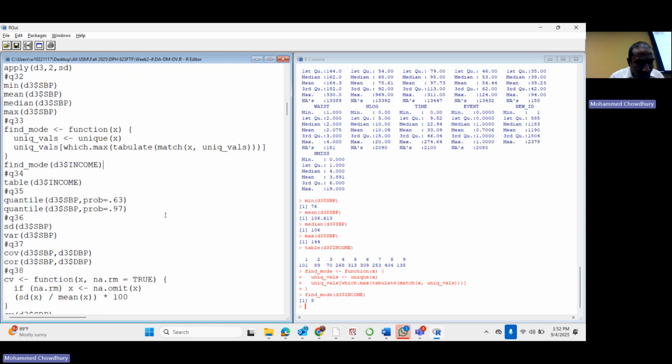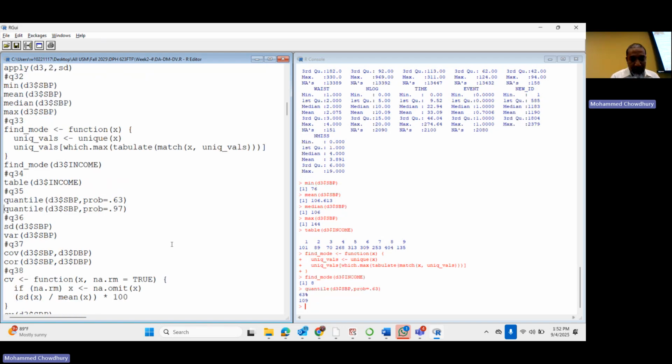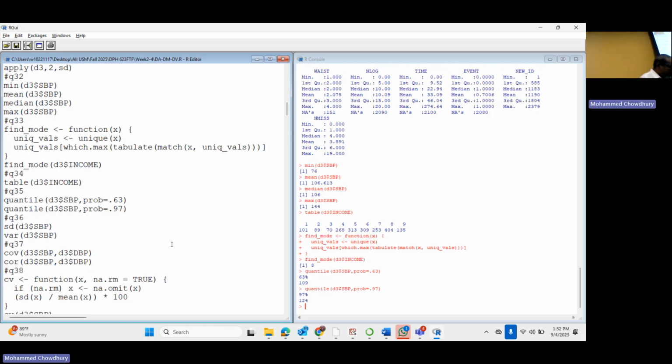Now I want to find percentile values. There are quartiles, deciles, and percentiles. Remember the word quartiles: first, second, third quartile. Quartiles divide the data into 4 equal parts once you arrange the data in ascending order.